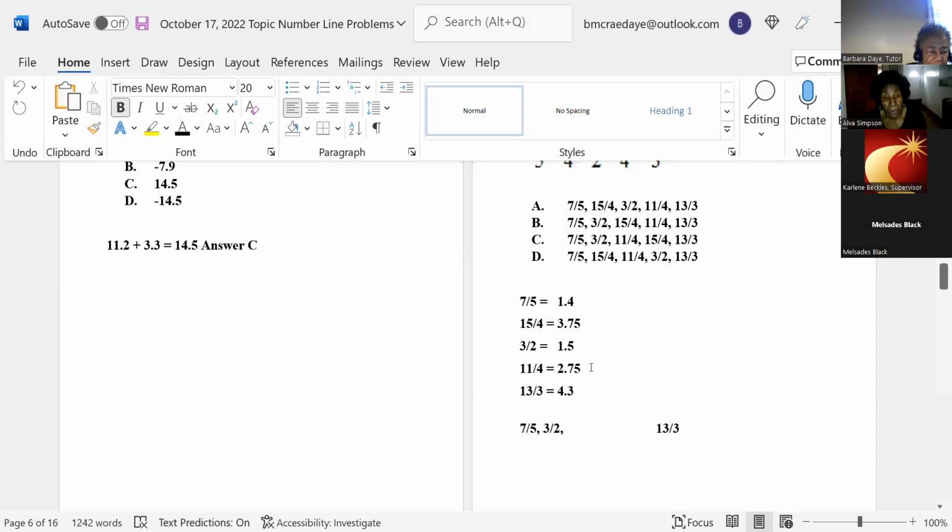And what fraction is that? 11 over 4. Very good. Now we've got 2.75, and the one that comes after that is 3.75. And that's what fraction? 15 over 4.